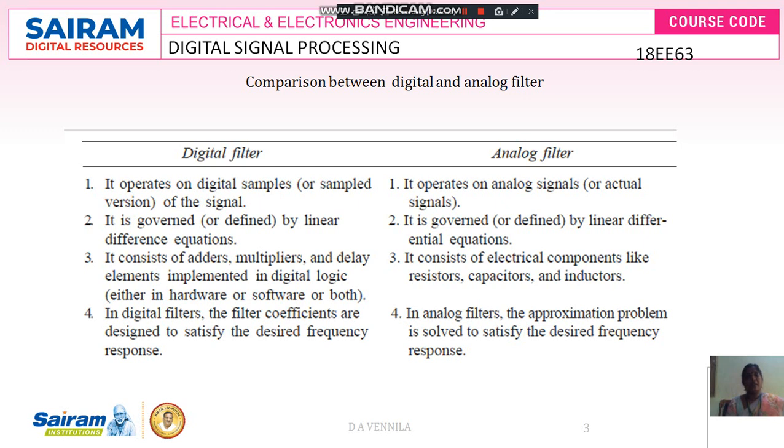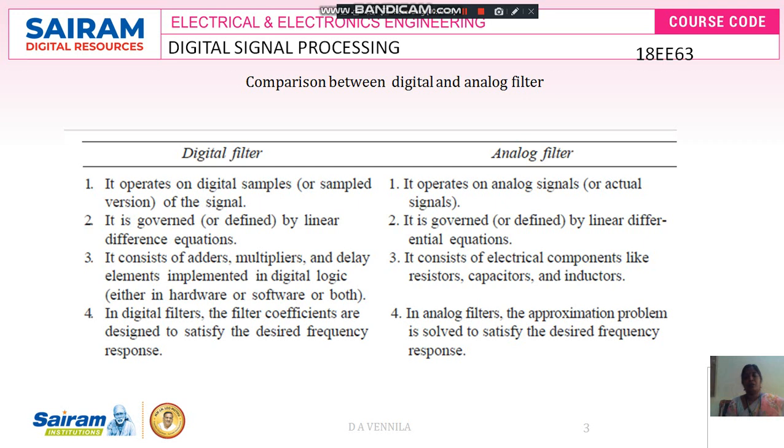Here the digital filter is defined by a linear difference equation. Analog filter is defined by a differential equation. The digital filter is implemented with the help of adders, subtractors, multipliers and delays. But the analog filter is designed with the help of resistors, capacitors, all the electrical components.